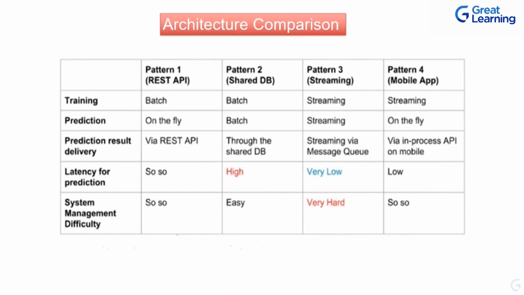Pattern 3 is streaming. Okay, and what is streaming? In this case, we are making a change in the model when a new data set comes in. Streaming is a platform used by e-commerce and marketing industries. Let's assume there is a model created on the data set available till yesterday.